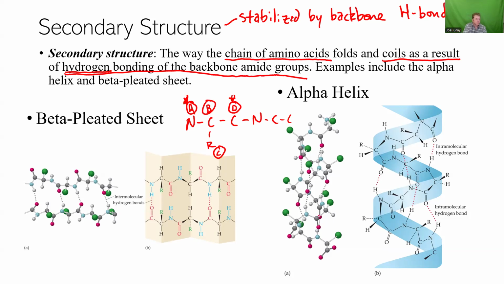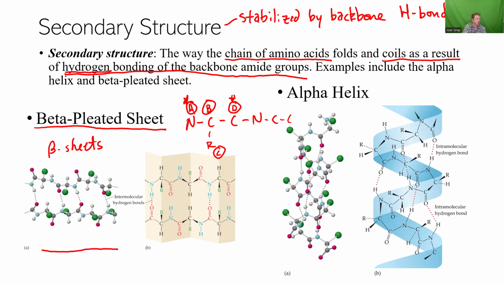Now, what happens whenever that does take place is we have two major structures. We have one known as a beta pleated sheet. Sometimes you'll hear these known as beta sheets. And this is where backbone hydrogen bonds interact. If you imagine that a polypeptide looks like a straight line, that's your primary structure.